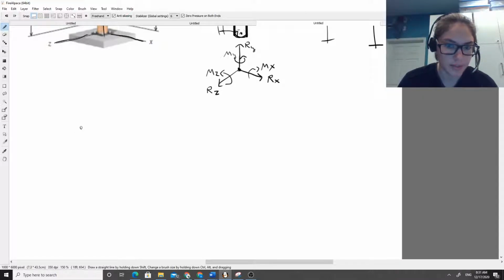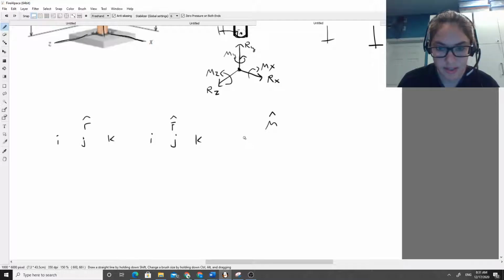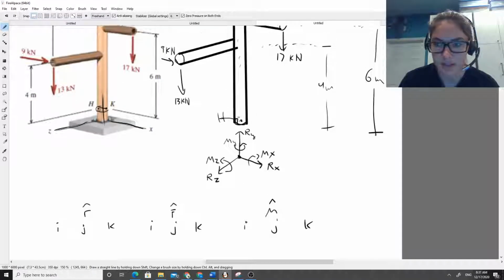I want my position vector here, and I want my force vector here, and I want my moment vector here. And this is going to be I, J, K, I, J, K, I, J, K. And we're going to do this for each and every force that exists in this system.